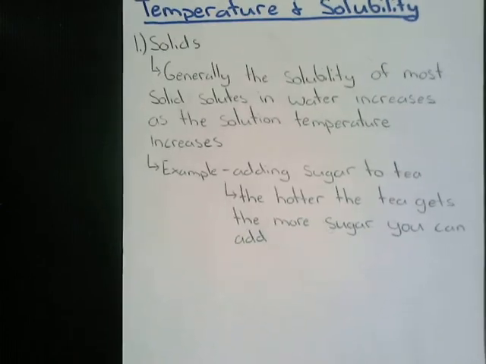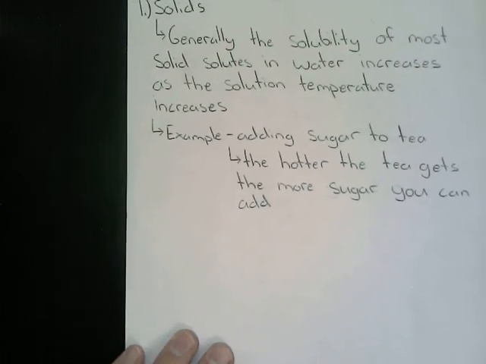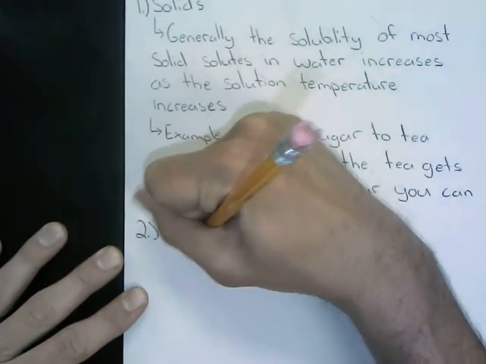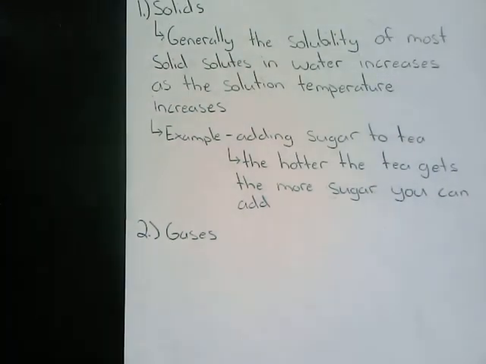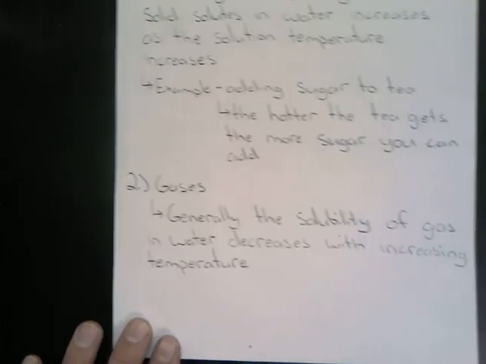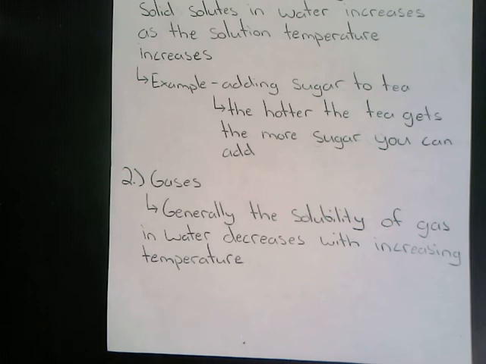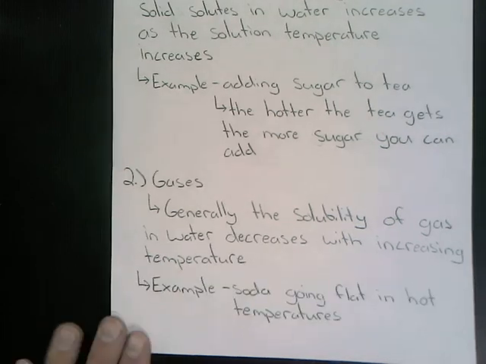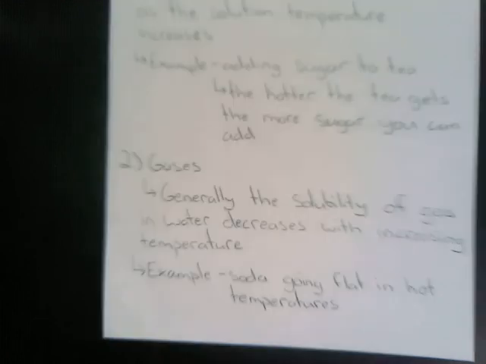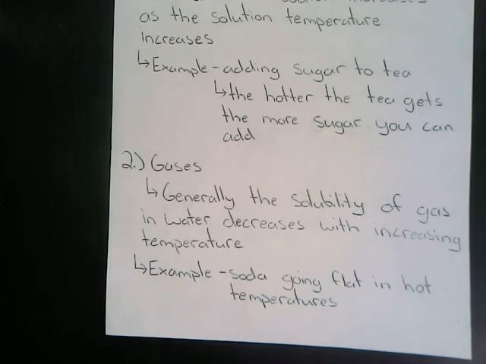Now, the other category we have to talk about is gases. Generally, the solubility of gases in water decreases with increasing temperature. A great example of this is a soda going flat in hot temperatures or warm weather. The hotter the soda gets, the less carbonation, or less CO2, is dissolved in that particular soda.